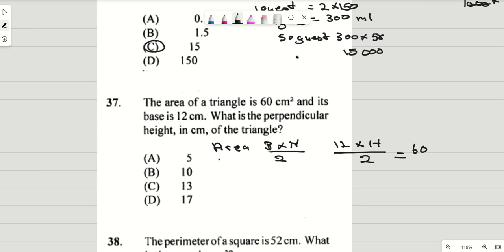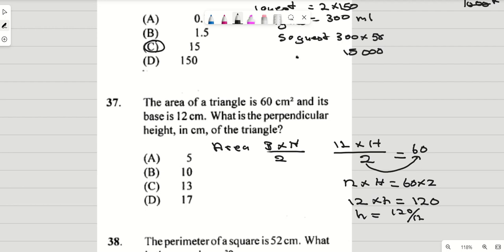Now you can either use the options you have here or solve for h. Make h the subject. Carry across 2, that is 12 multiplied by h is equal to 60 multiplied by 2. So that's 12 multiplied by h is equal to 120. We know h is equal to 120 divided by 12, which is 10. So B is my answer.